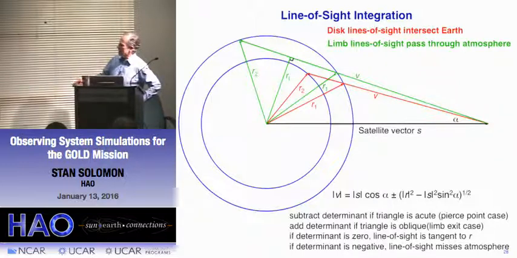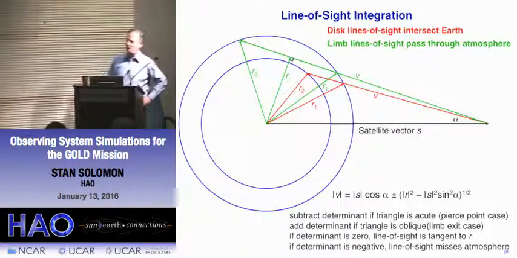The case where the determinant is zero, if all this is zero, then it's just V equals S cosine alpha. Well, that's familiar. That's this tangent point case, where this is a right angle, and V equals S cosine alpha. That's simple. What if the determinant is negative? Well, then there's no solution. There is no V that intersects the Earth. That's the case where the line of sight misses the Earth entirely.